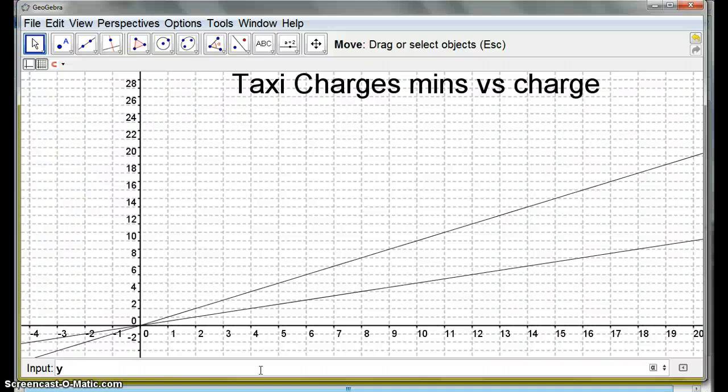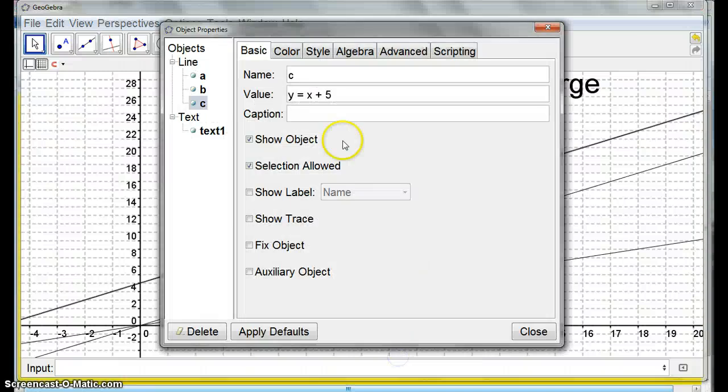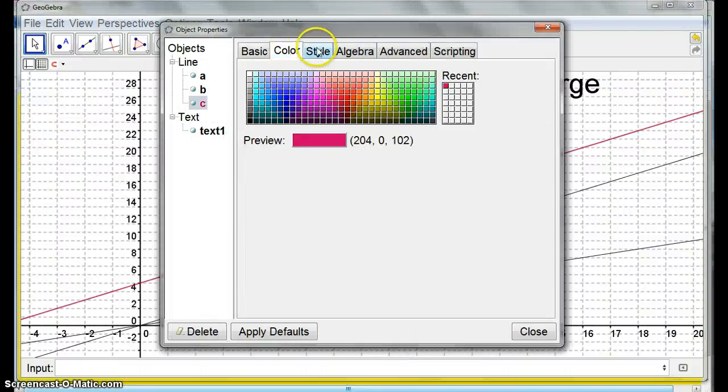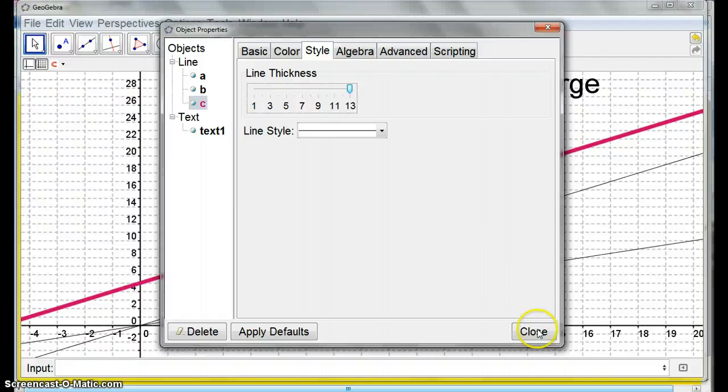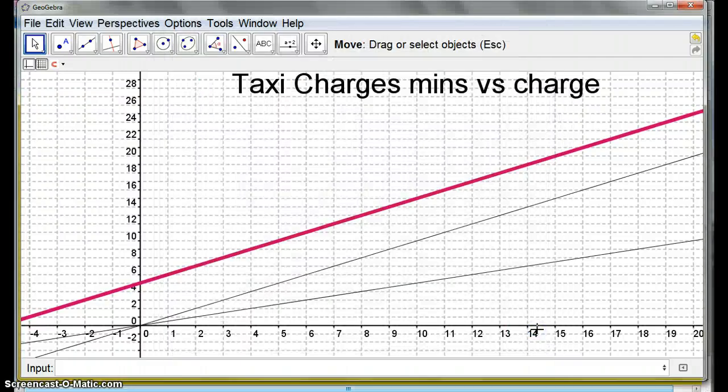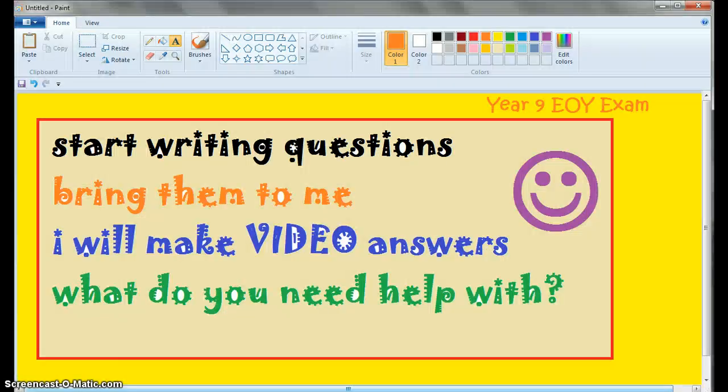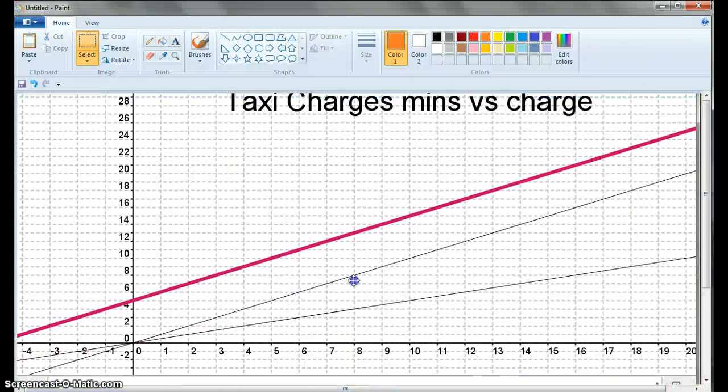If I said y equals x plus 5, you actually pay $5 to start, so I'm just going to highlight this one, make it a bit fatter. So let's go back into here. What I'm saying here is that minutes is here, and what you get charged is up here.